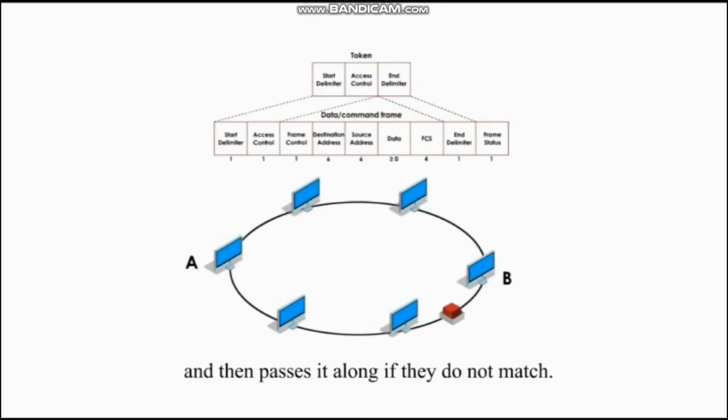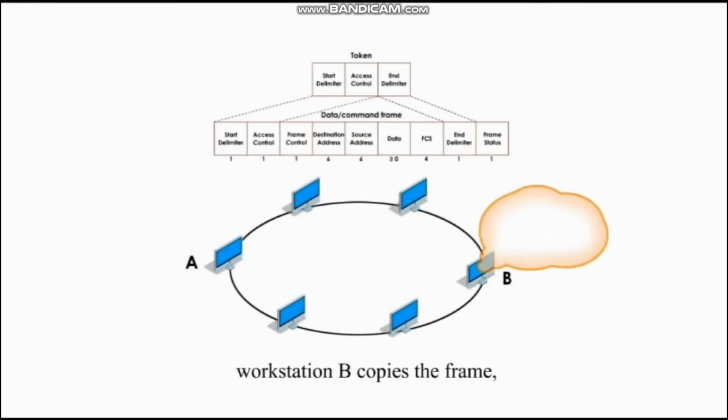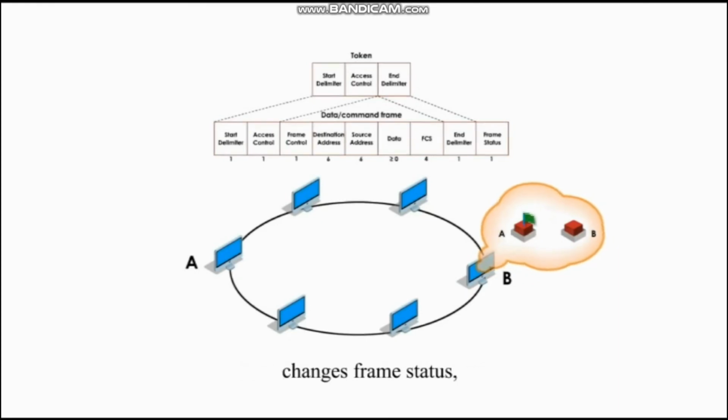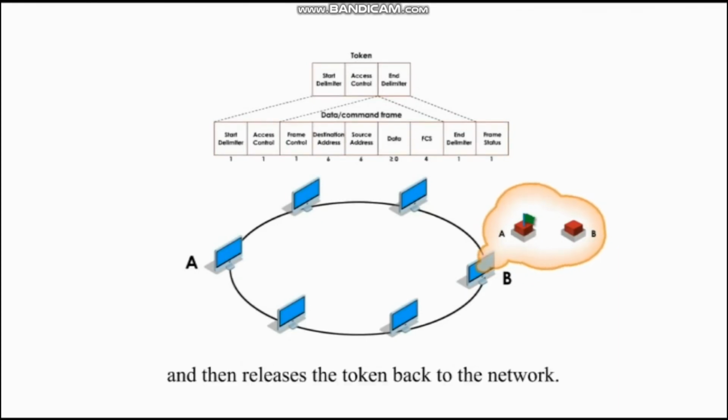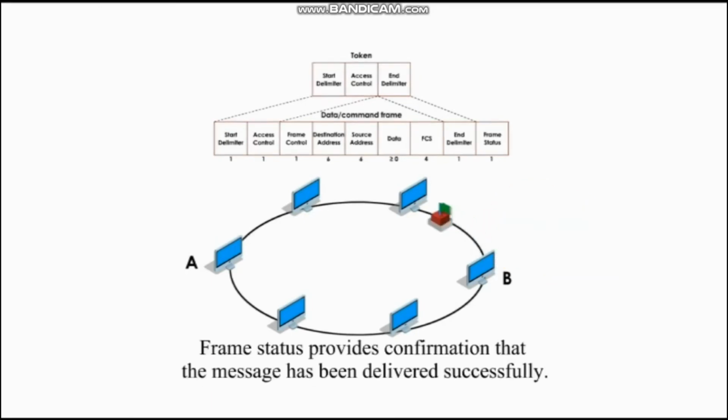When the data frame reaches the destination, workstation B copies the frame, changes the frame status, and then releases the token back to the network. Frame status provides confirmation that the message has been delivered successfully.